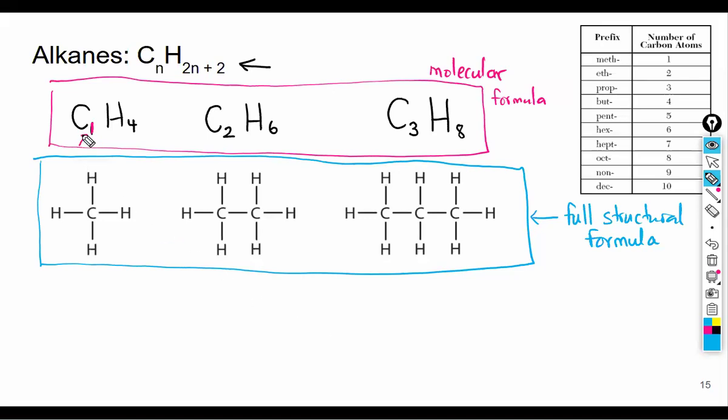Which 2 of these is it not possible to reduce to get an empirical formula? Which 2 here won't make sense to reduce?